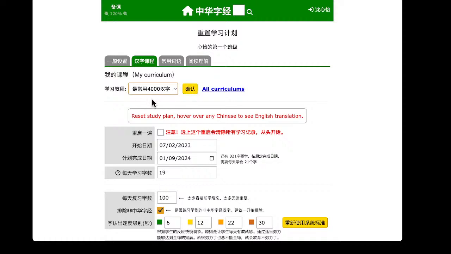This way it will change the curriculum, and the system will start giving the most commonly used characters first. So you can learn the most common ones and cover most of the characters you encounter when reading Chinese as soon as possible. This will allow you to read sooner. Okay, so that's my suggestion.